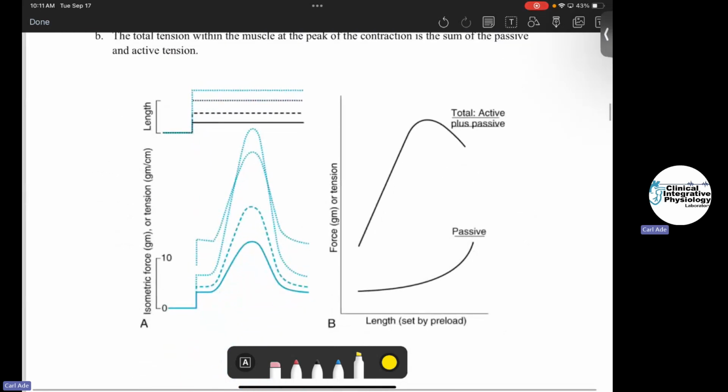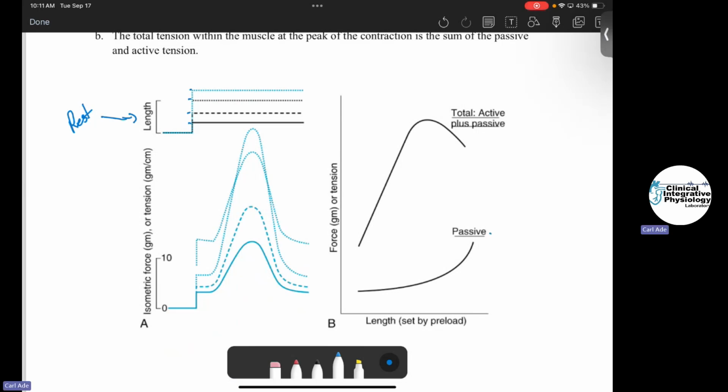There's a lot going on here, but I'm going to start with this up here. This is at rest. We've got a resting length. There's multiple lengths here. So here's the shortest, next, and next. So I stretch this muscle a little bit. Every time I stretch it a little bit further, a little bit more force is required.